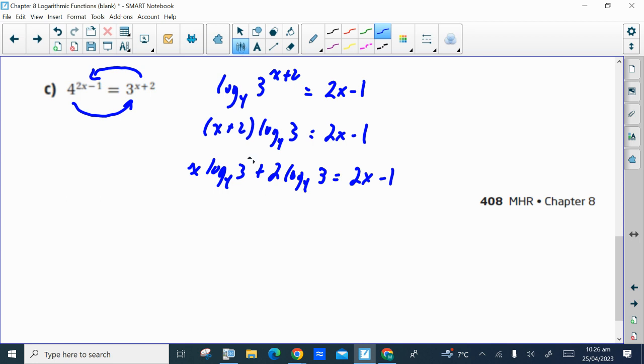So again, I'm going to collect all the terms with x on the left side, which is x log base 4 of 3. I'll subtract the 2x from both sides. It'll become a minus 2x on the left. On the right, I've got a negative 1, and I'm also going to bring the 2 log base 4 of 3 to the right by subtracting it from both sides.